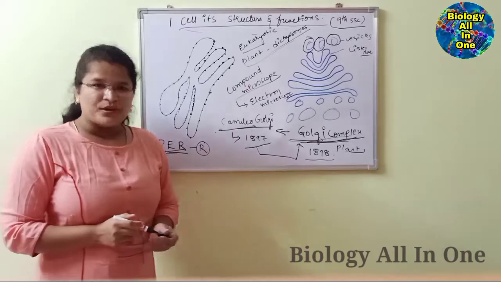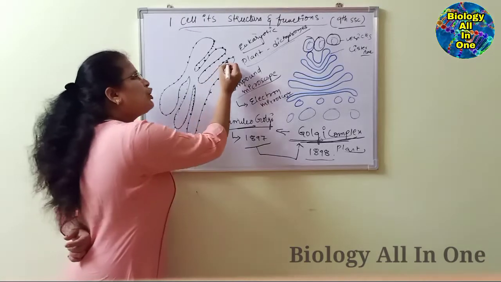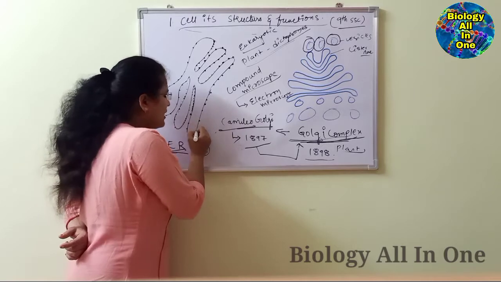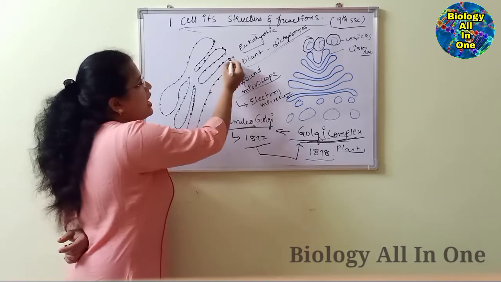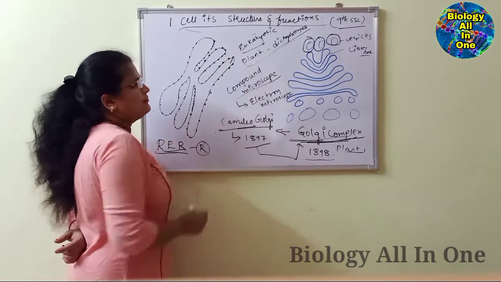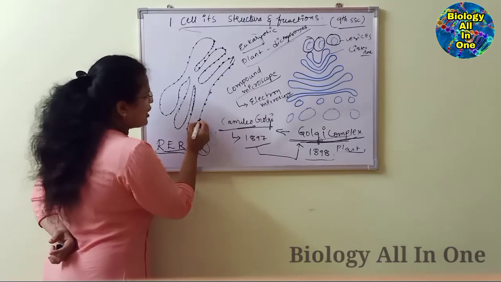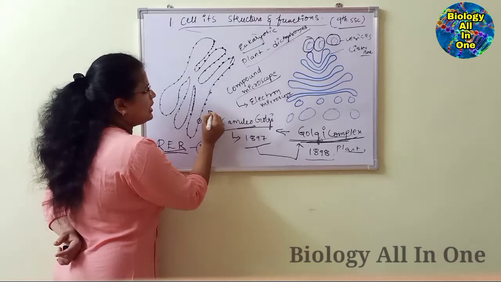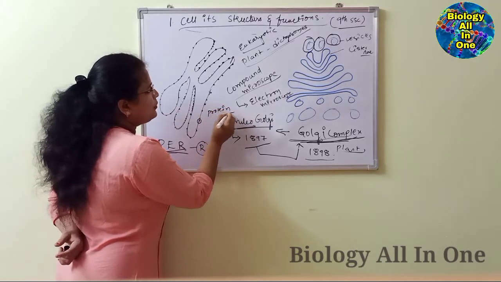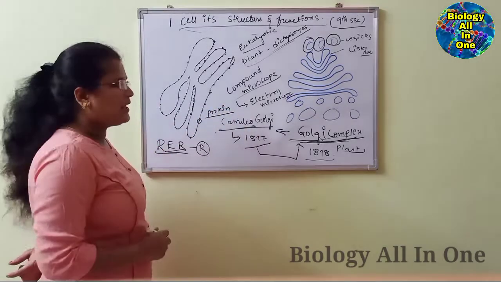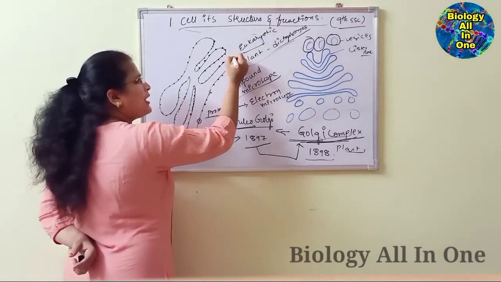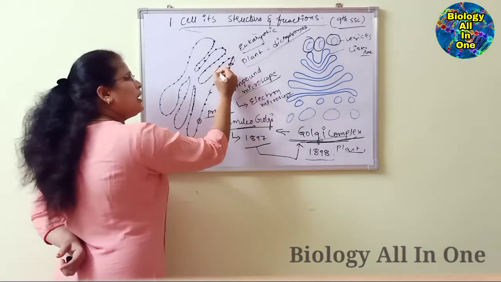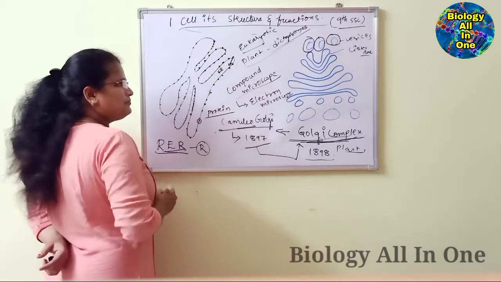You have a look. See here, this endoplasmic reticulum which has ribosomes on its surface is known as RER. What is the function of the ribosomes? The ribosomes synthesize protein. Protein synthesis is happening here, and the protein is released into the endoplasmic reticulum.